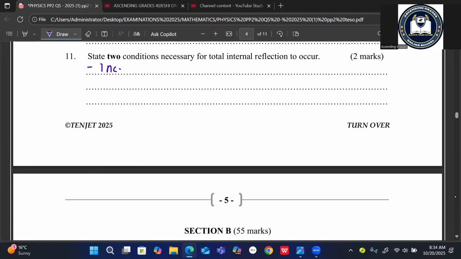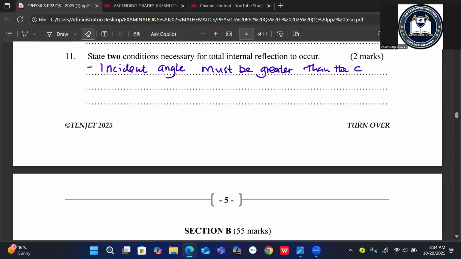Therefore, number 1, the incident angle must be greater than the critical angle.